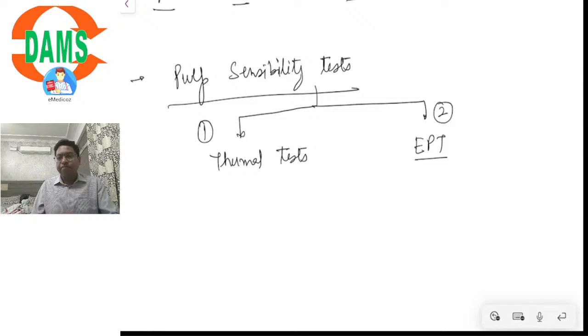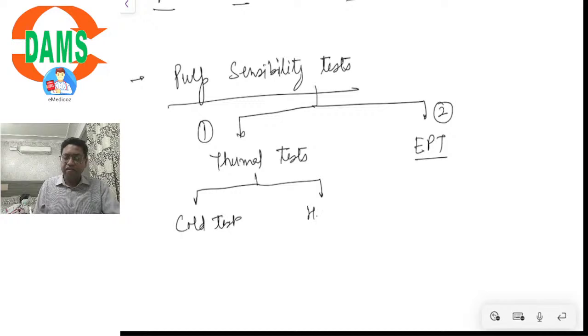Thermal tests can be divided into two principal types. One is the cold test of the pulp, another is the heat test.